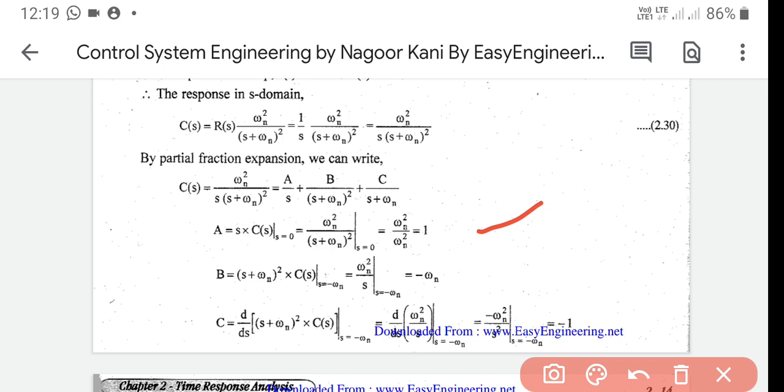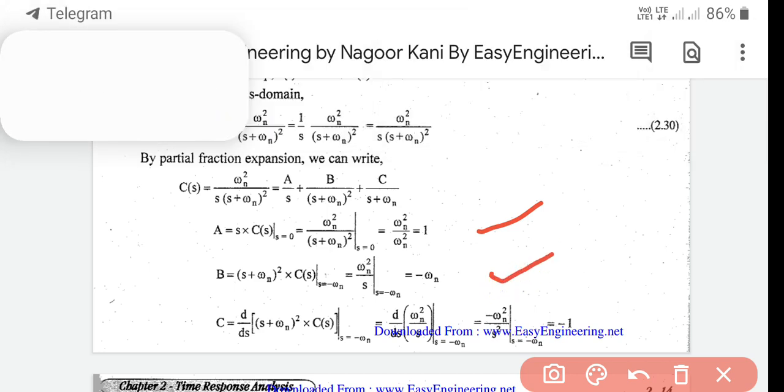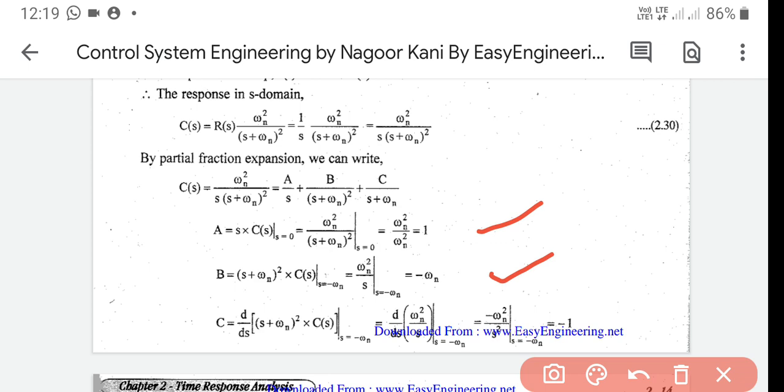Similarly, B is equal to C(s) into (s plus omega n) whole square, letting s equal to minus omega n. How do you obtain minus omega n? Consider the denominator (s plus omega n) whole square equal to 0. What is the value of s? s is equal to minus omega n.